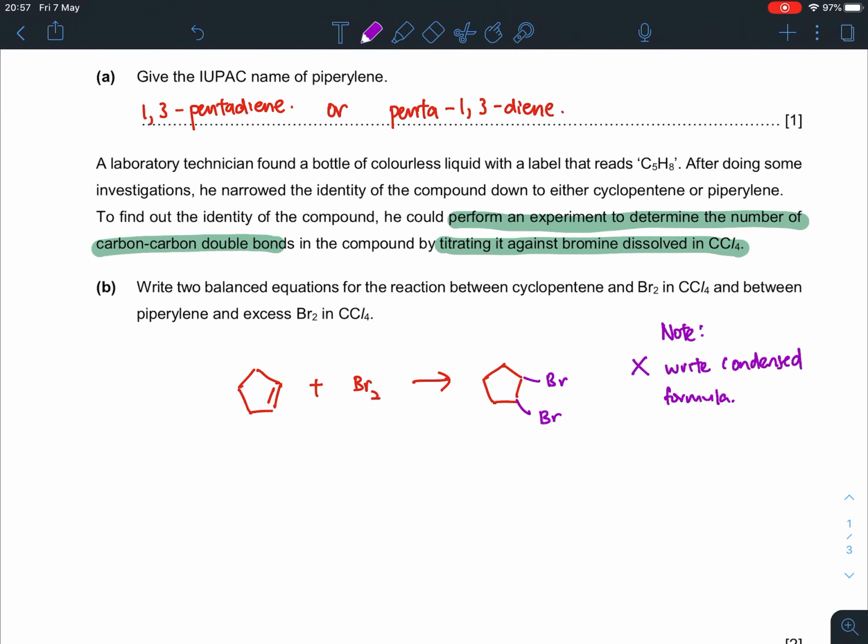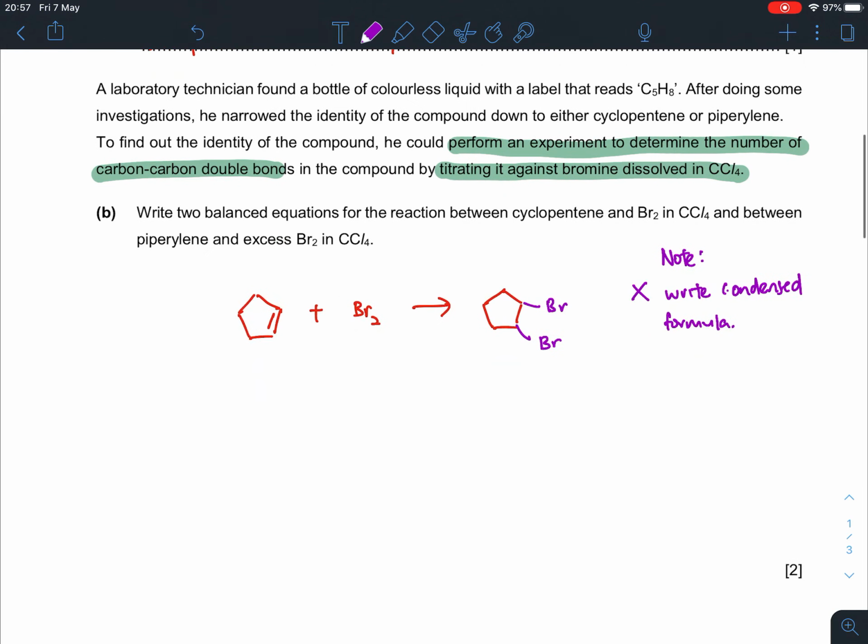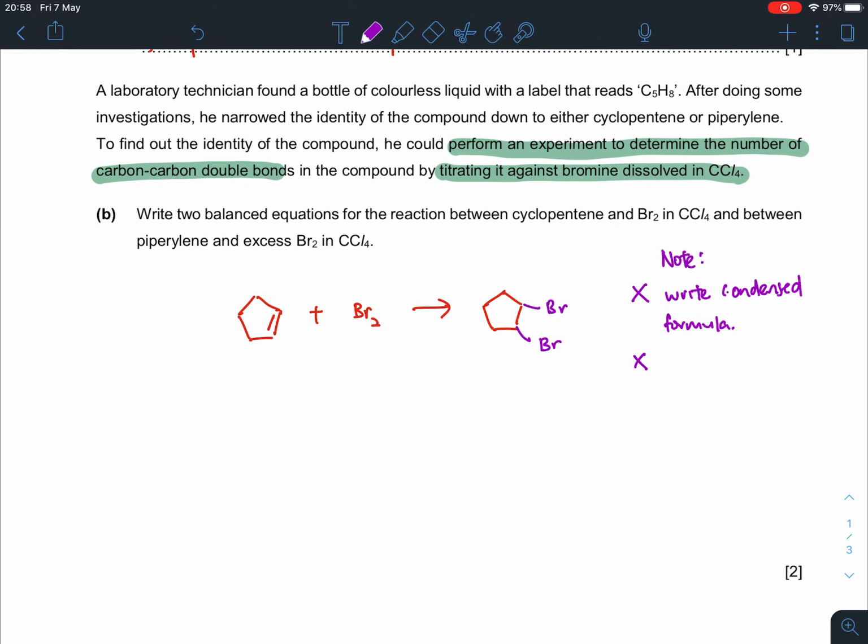So that's the first point that we avoid. The second thing is that you cannot write a linear structural formula for a cyclic compound. Okay, so in this case, you have to draw out the structure.